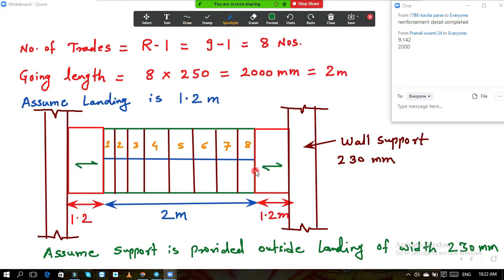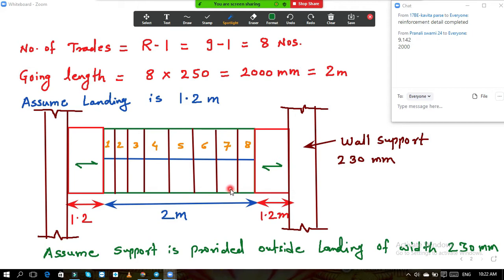Here there is support and here there is also support. So your span becomes this horizontal length, this becomes your span for landing. Similarly for this landing also, this horizontal length becomes the span. And the span of going is this 2 meter length. So we can say that the landing slab is spanning in the direction of the stairs.